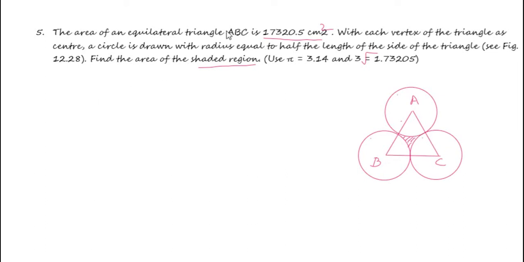So we know the area of the equilateral triangle. Area of triangle is 17320.5 centimeter square. Let the side length be A for AB, BC, AC. The length of these sides is A. The area of the equilateral triangle can be written as root 3 divided by 4 into A square.